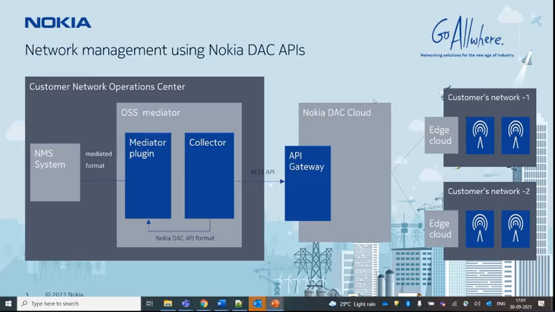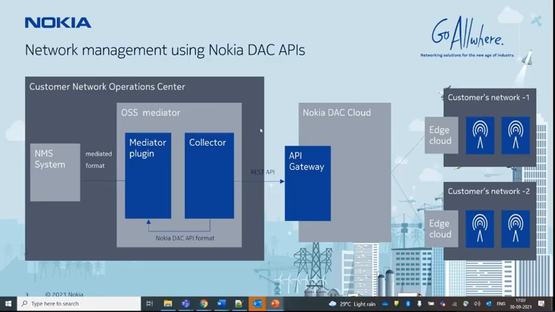So once we have all the data in NDAC cloud, we have exposed the APIs for the customers or partners to get access to that information through API calls. So by taking those data from the NDAC system, one can visualize different KPI data.